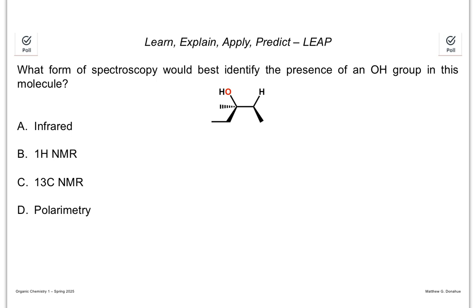So what form of spectroscopy would be best used to identify the presence of the alcohol in the molecule? So we want to prove there's an OH group.